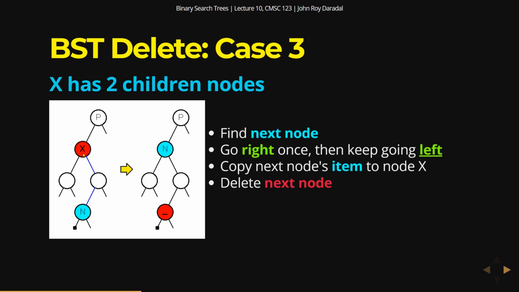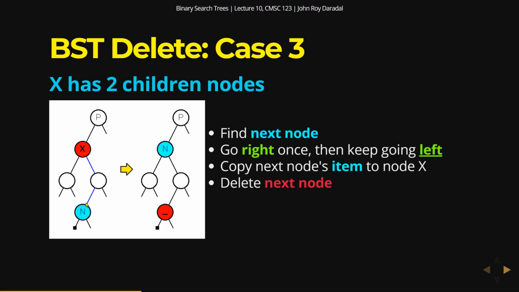Okay, so if it has two children nodes like this, so X has two children nodes, right? So what we'll do is we'll try to find the next node. So what is the next node? So you do this by going right once and then keep going left. Okay, so right once and then left all the way until you reach a dead end.